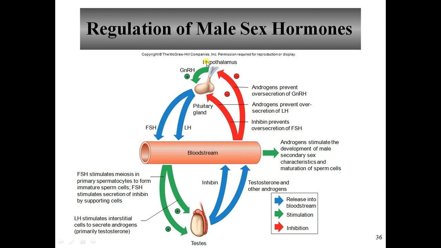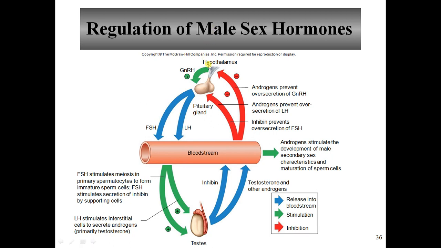The hypothalamus is a part of the brain near where the pituitary gland is located. Hypothalamic releasing hormone stimulates the pituitary gland to release hormone into the blood. Red indicates inhibition, green indicates stimulation, and blue indicates release into the bloodstream.